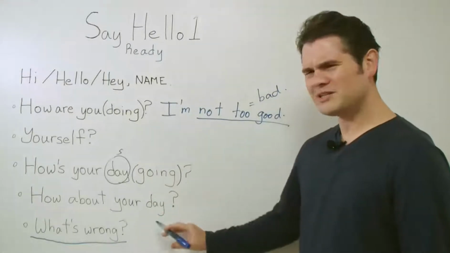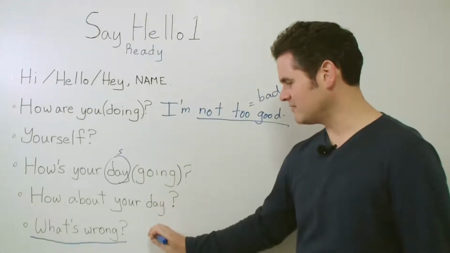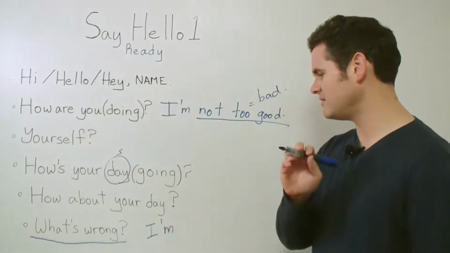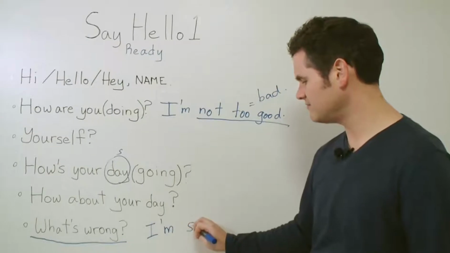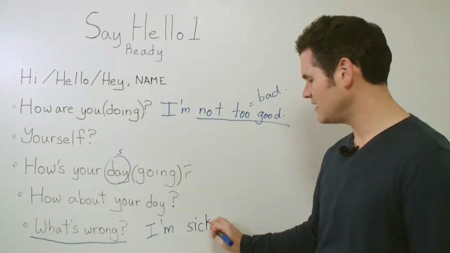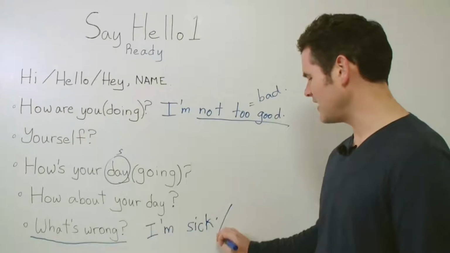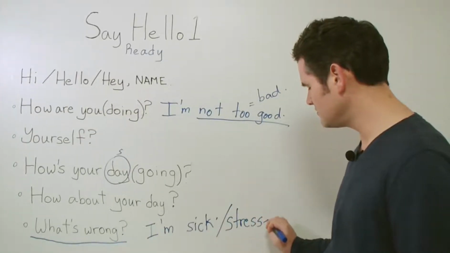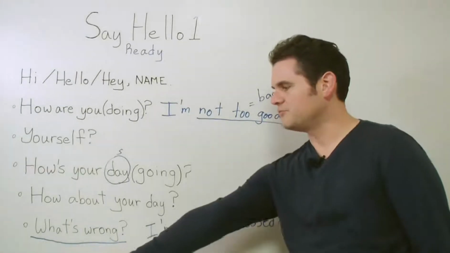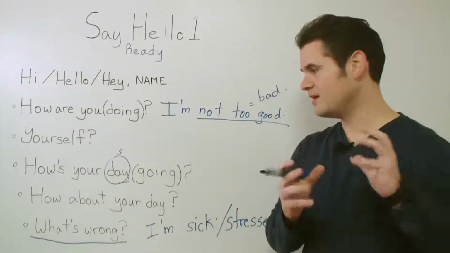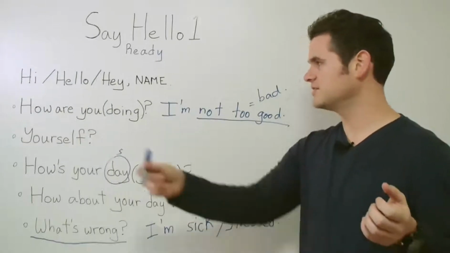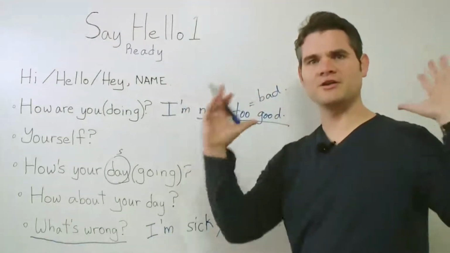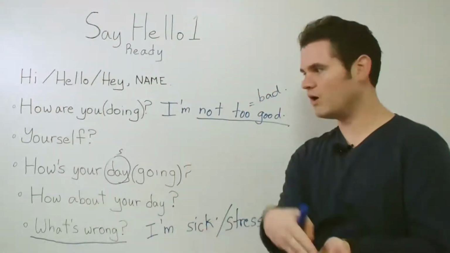So, what's wrong? And the person can say, we need to use a negative condition. I'm sick. I'm stressed. So when we're answering what's wrong, we're wanting more details, because a person, how are you doing? I'm not too good. It's kind of very broad, and you want to know what's wrong with them.